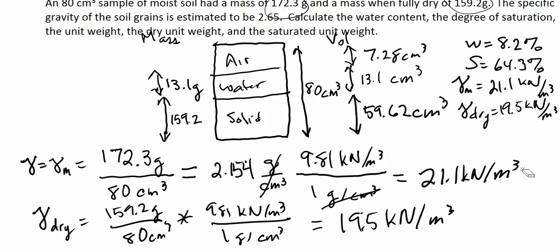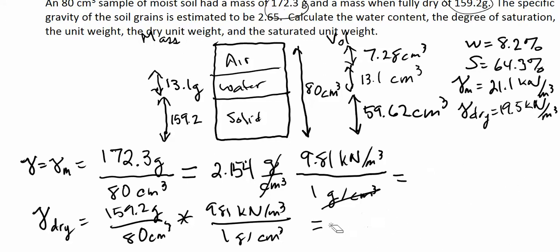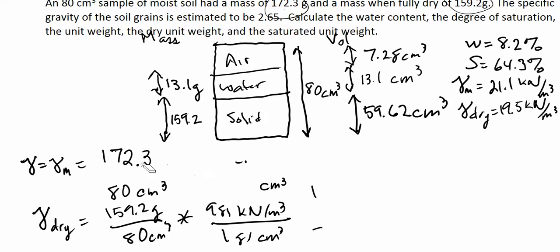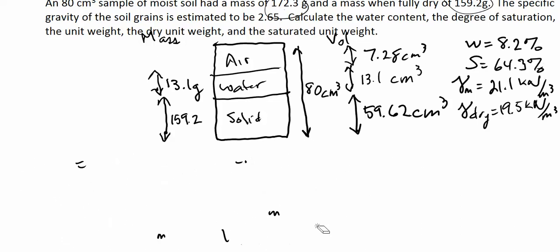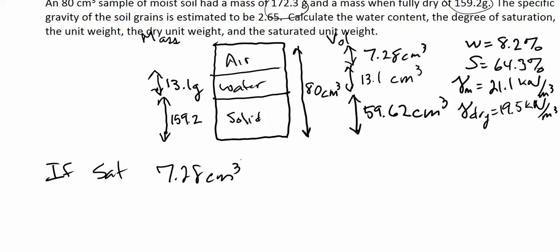Now I have to consider saturated conditions. If saturated, I have 7.28 cubic centimeters more water, or 7.28 grams more water.